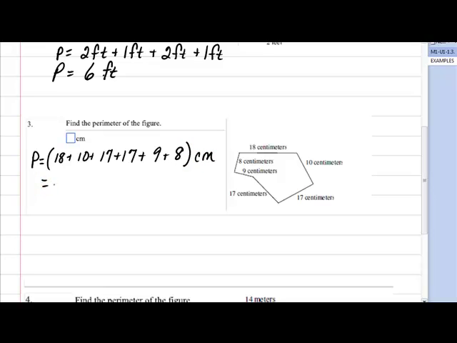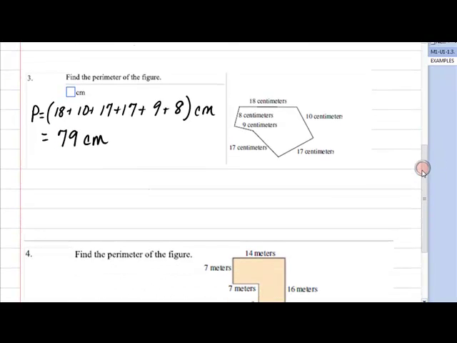That allowed me to keep up with the units but not write them down for each and every one of the sides. So off camera, I've got my calculator, and I'm adding 18 plus 10 plus 17 plus 17 plus 9 plus 8, and I get 79, and it is measured in centimeters.